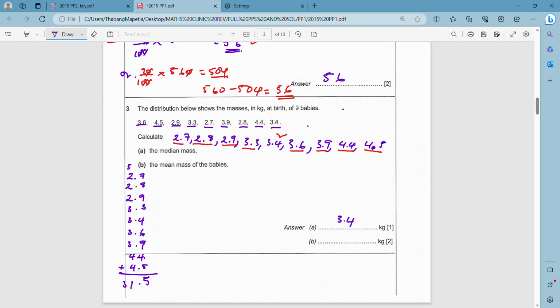So for the purposes of time, let me punch it. Allow me to punch in the calculator to confirm that the answer will correspond.